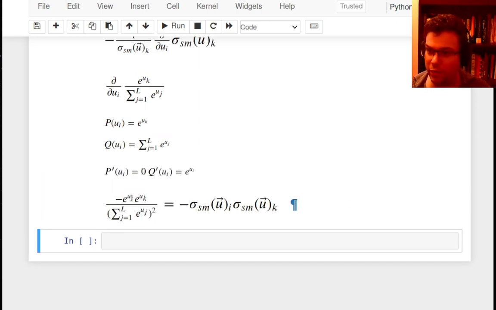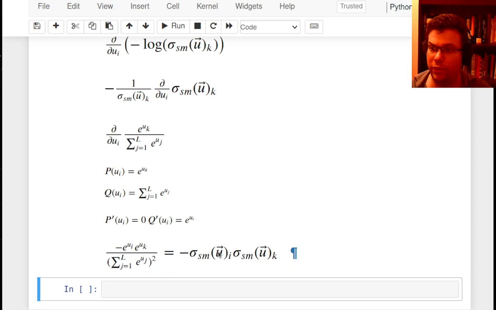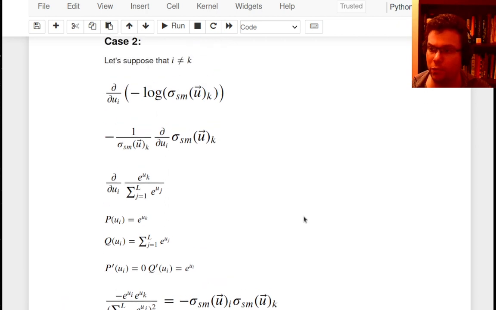So you look at this and you realize, okay, I take one of the factors in the denominator, pair it with the e to the ui, that's softmax evaluated at i, and I take the other factor in the denominator, pair it with uk, that's the softmax evaluated at k. So this is the derivative of the inner function here with respect to ui when i doesn't equal k.